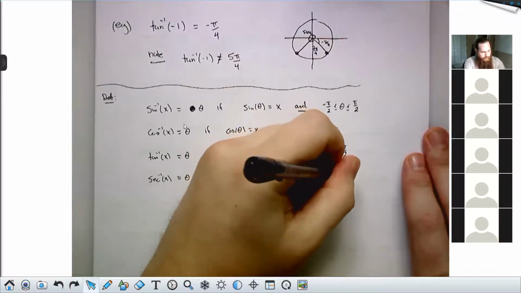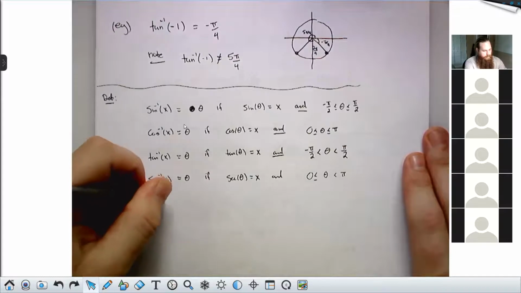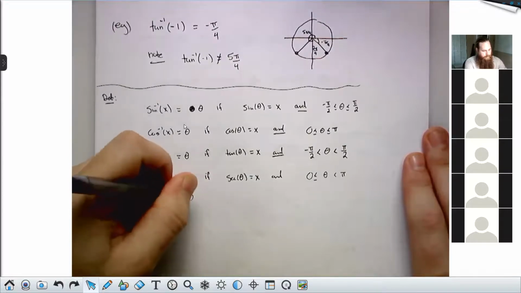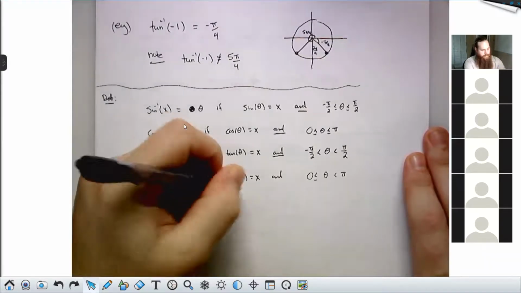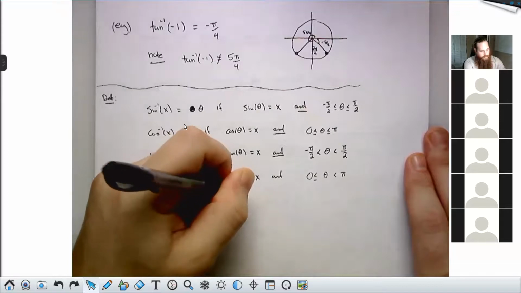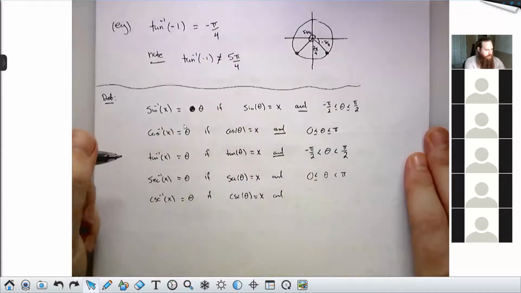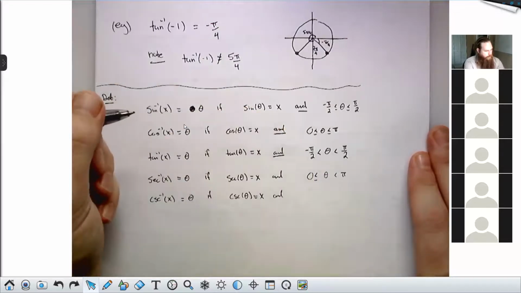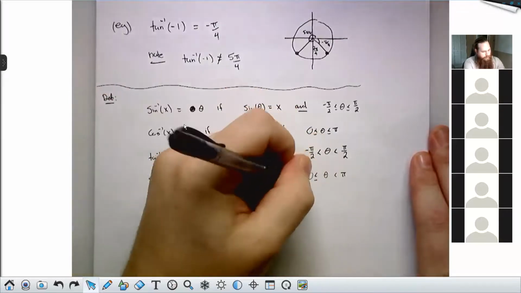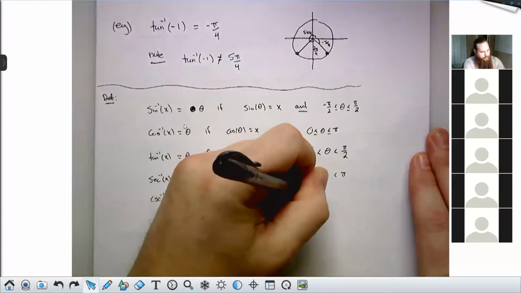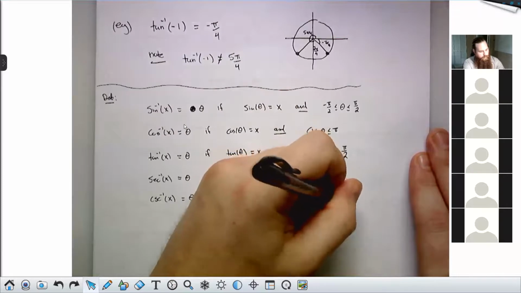The inverse cosecant of x is equal to theta if the cosecant of theta is equal to x and negative pi over 2 is less than theta is less than pi over 2.